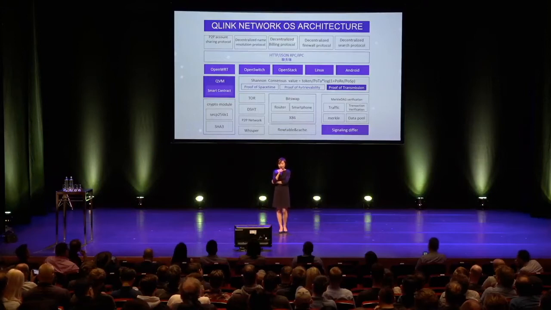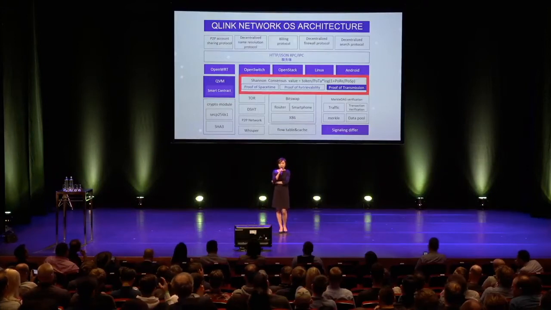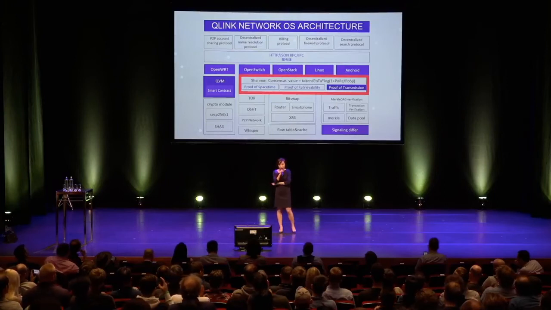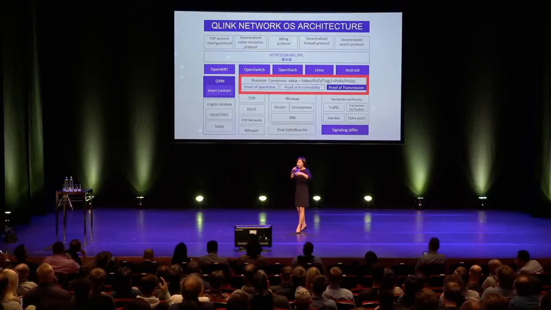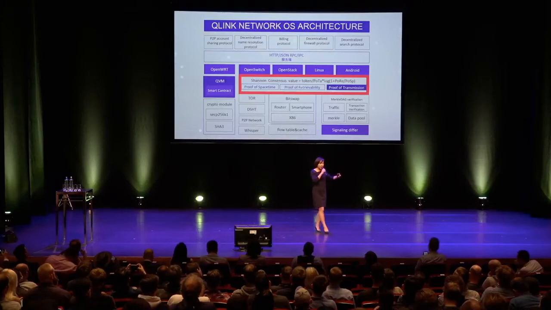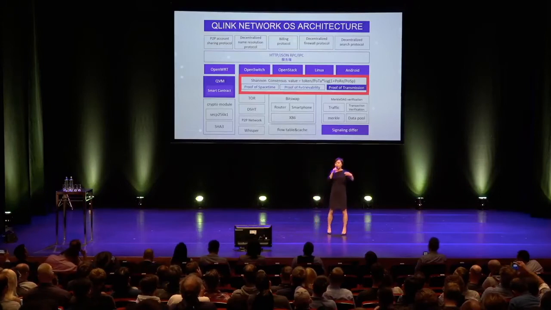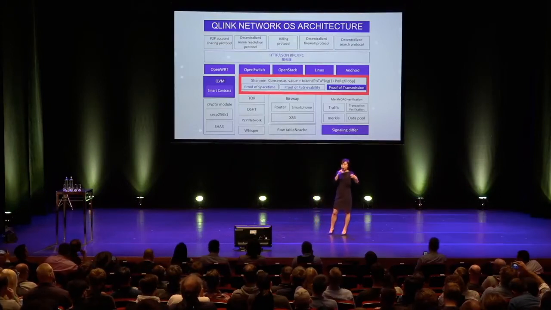What we can see here is the Shannon consensus that we want to introduce to everyone. People think about consensus for different projects, but for mobile network services, this industry is something special.